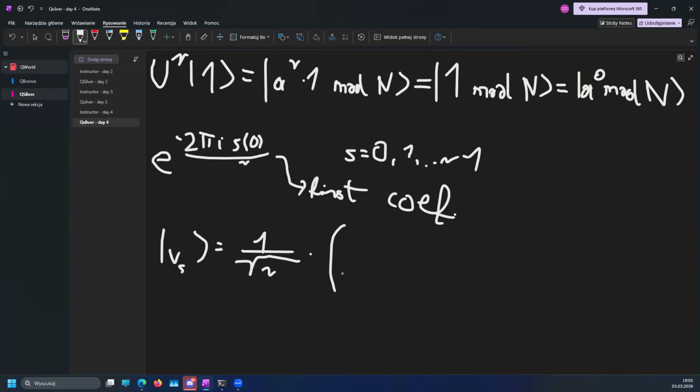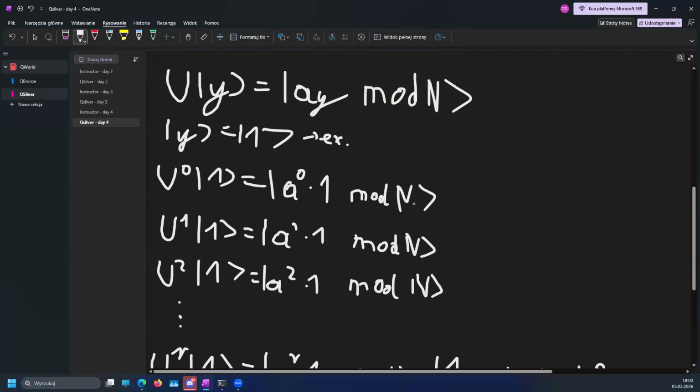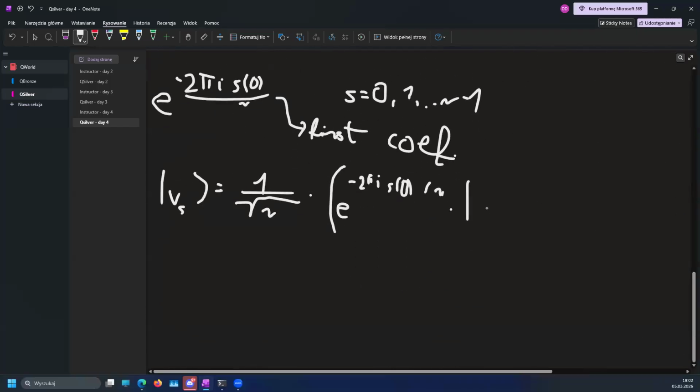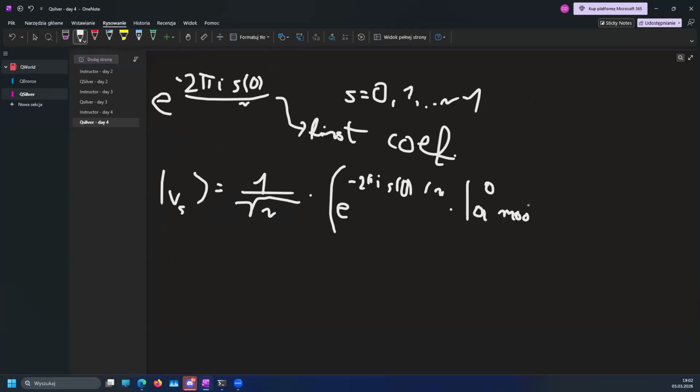and then write the individual states of those qubits with their coefficients. So the coefficient for the first qubit will be equal to e to the power of minus 2 pi i, this s value, divided by r, times, and then this vector, yes. So a to the power of 0 remainder of n.